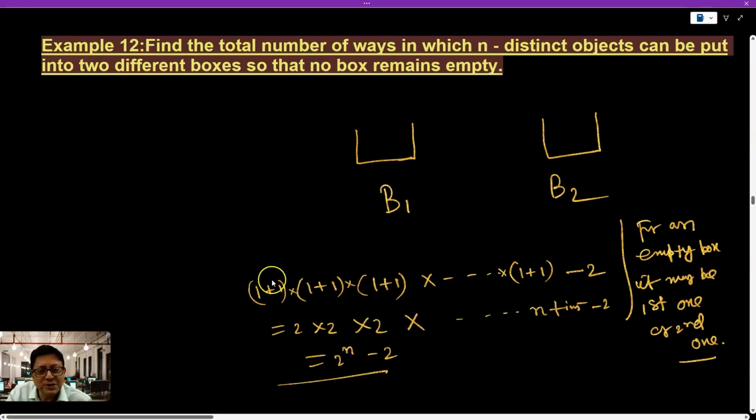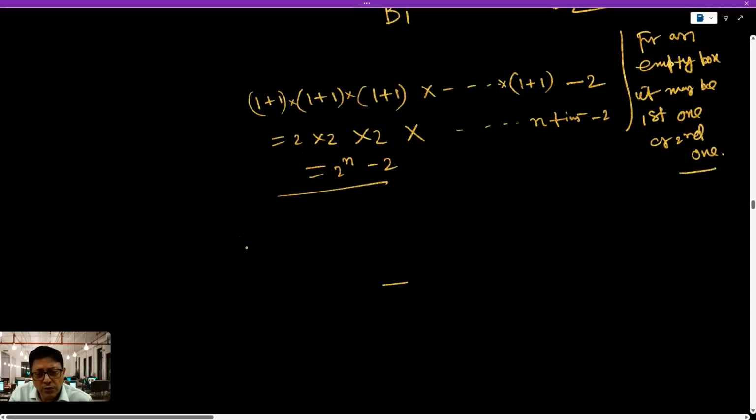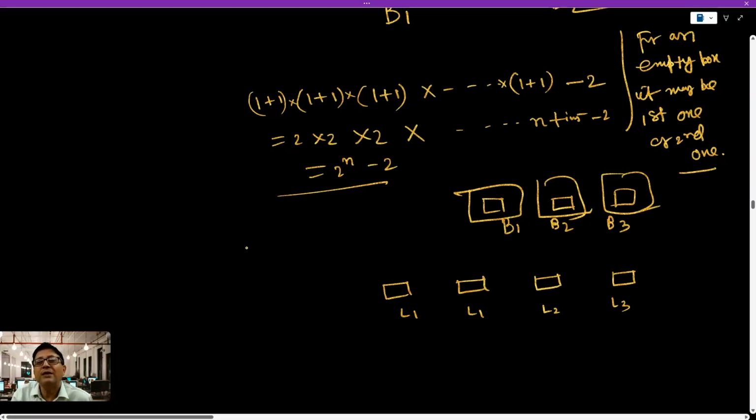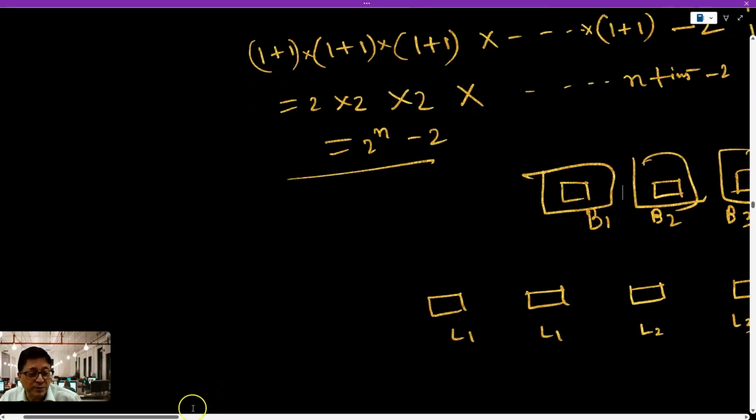If I ask you a question, 4 letters are there and 4 addresses. No, that will be difficult. 4 letters are there and in a post office 3 boxes are there. How many ways can you post the letters into the boxes?